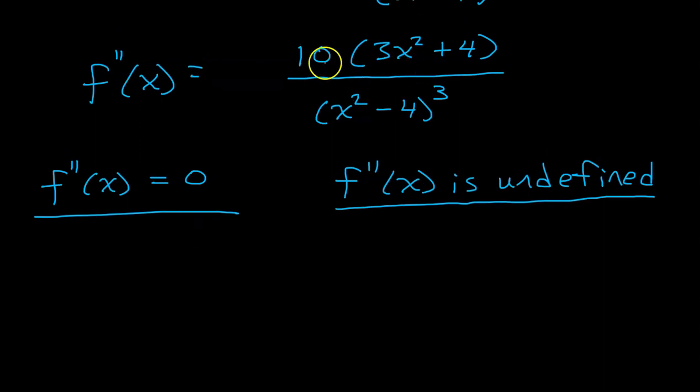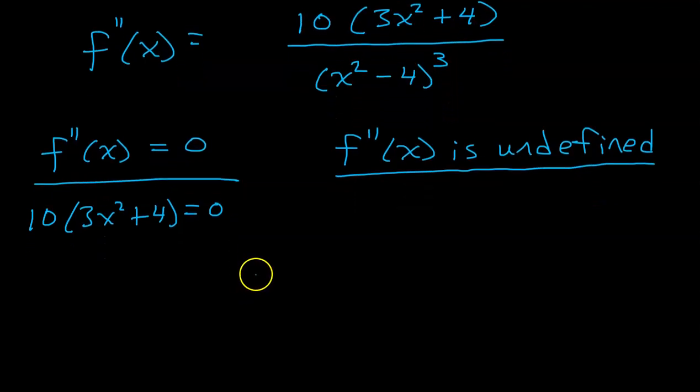A fraction can only equal 0 when the numerator equals 0. So this question is equivalent to 10 times 3x squared plus 4 equals 0. The second derivative will only equal 0 where the numerator equals 0. The denominator can't be 0, so only the numerator can be 0.